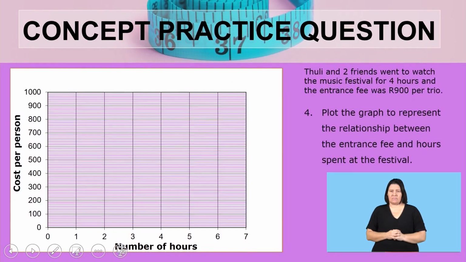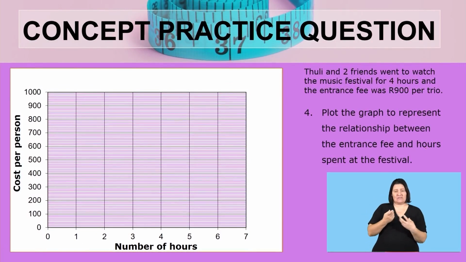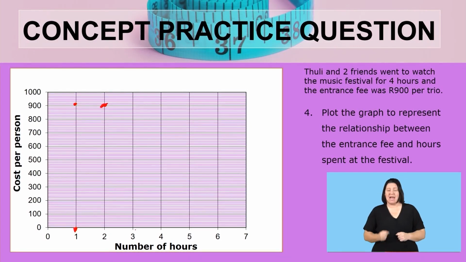Let's move to the last question. Plot the graph to represent the relationship between the entrance fee and the hours spent at the festival. Remember, we said if they are at the festival for 1 hour, they will pay 900 rand. 2 hours, it's still 900 rand. 3 hours is still 900 rand.